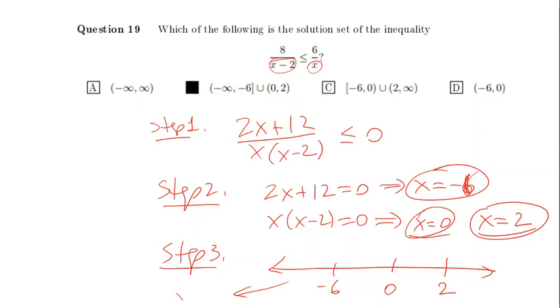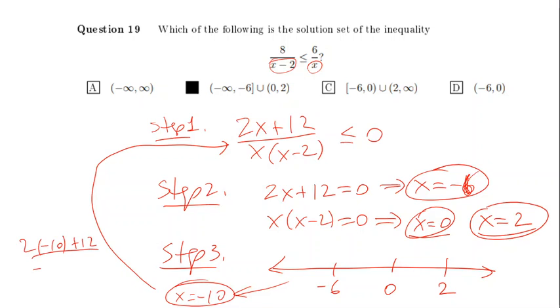So take, for example, x equal to minus 10, plug it here. So you got 2 times minus 10 plus 12 divided by minus 10 minus 2. This here will give us a minus value, and this here will be minus times minus, so it will be plus. So in total it will be a minus value, so you can say it's minus here.